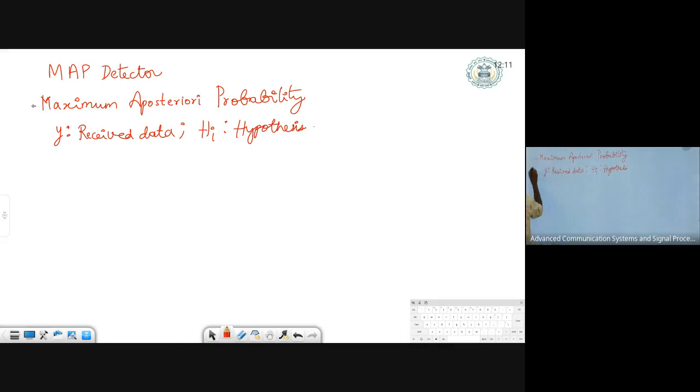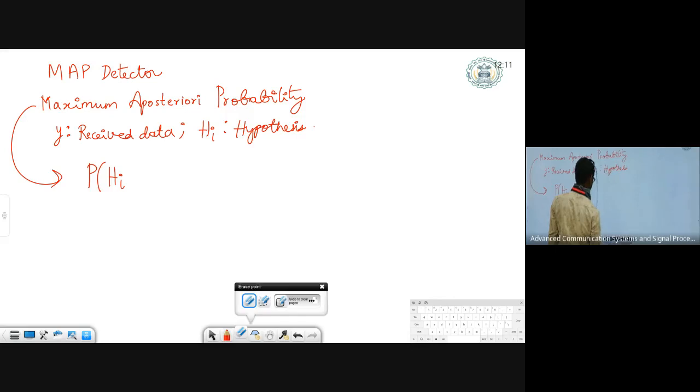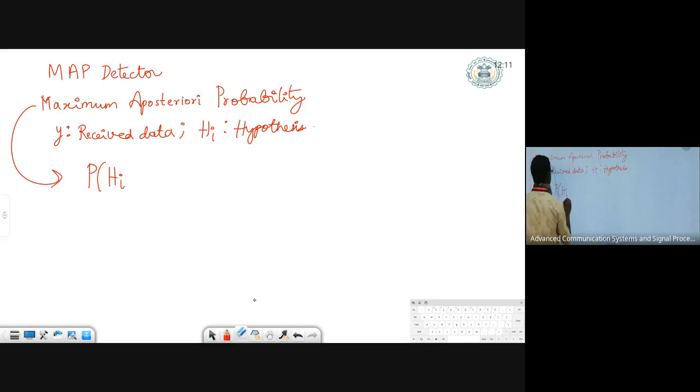So this says the probability of taking a decision towards H1. I just want to make it more specific, so let me make it probability of H naught given Y.